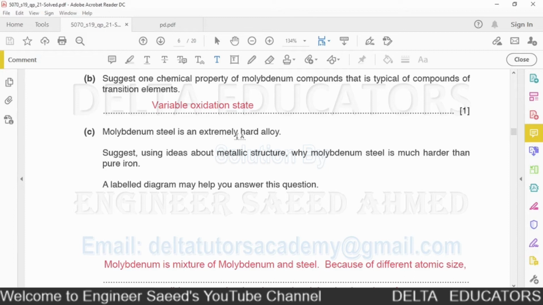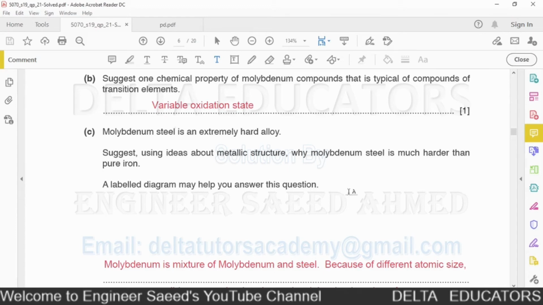All the metals have different atomic sizes, so definitely molybdenum and iron will have different atomic sizes. And because of different atomic sizes, it will be difficult for the atoms to slide over each other. This property makes an alloy harder.